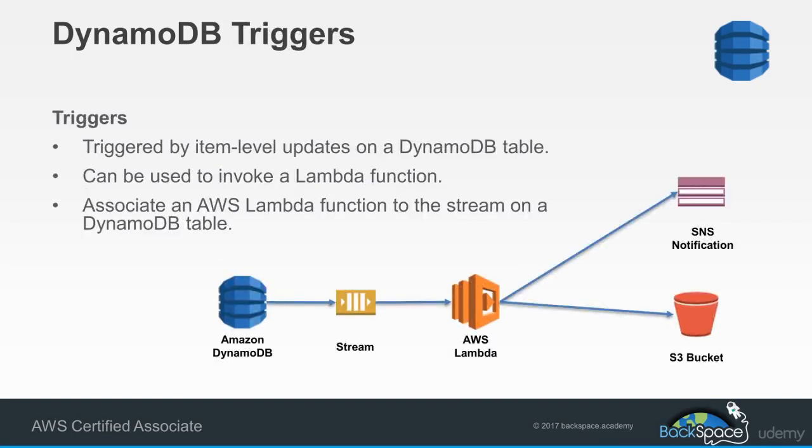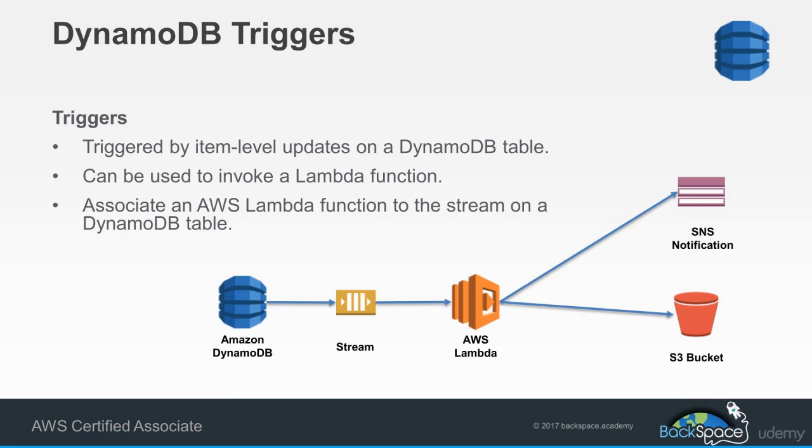Another thing, introduced around a similar time to streams, is DynamoDB triggers. They're triggered by item level updates on a DynamoDB table. The way they work is that they don't trigger a CloudWatch alarm or anything like that. They invoke a Lambda function, and then that Lambda function can be used to do whatever you want it to do. For example, I've just got a couple of examples there.